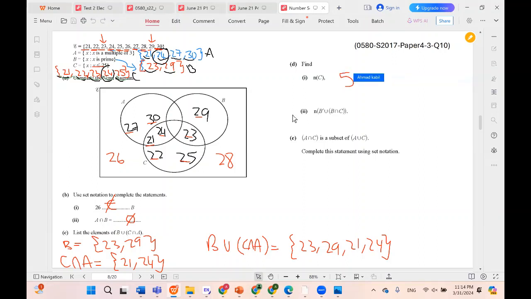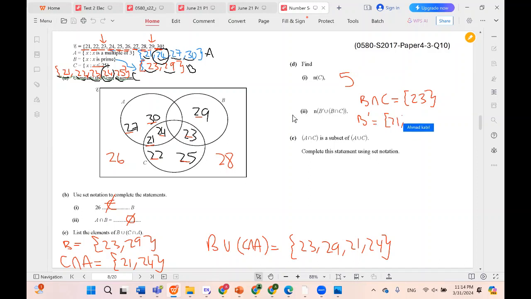Next, we want the number of elements in B complement union B intersects C. So let's first evaluate what these sets are. B intersects C is the common elements between B and C, which is basically 23. And then B complement is everything that is outside of B. So that would be everything except 23 and 29.